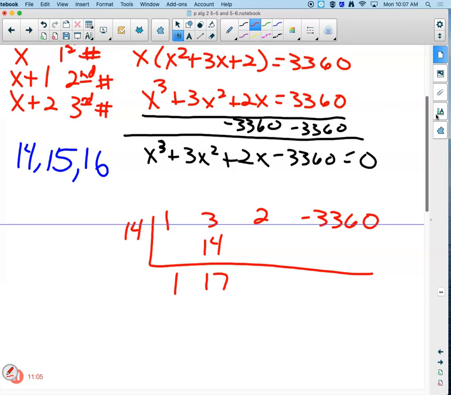So 17 times 14 is 238. So we add and we get 240. And now here's the good news. We know we're supposed to take 240 times 14, and we had better get 3,360 or we mess something up.